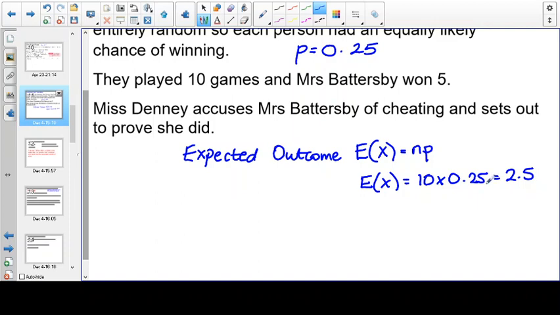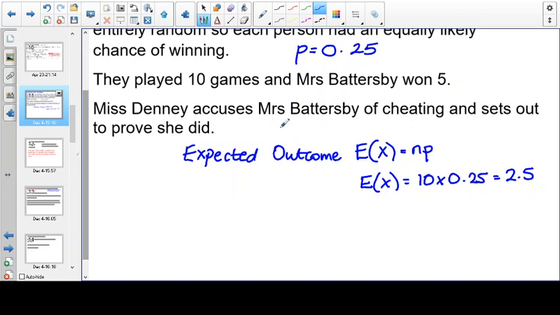So the fact that I've won all 10 probably suggests that I've cheated. But 5, maybe, maybe not. So this is what the hypothesis test is. If I've manipulated the game to increase my chances of winning so that I've won more games than I should have done, that's what we need to prove.